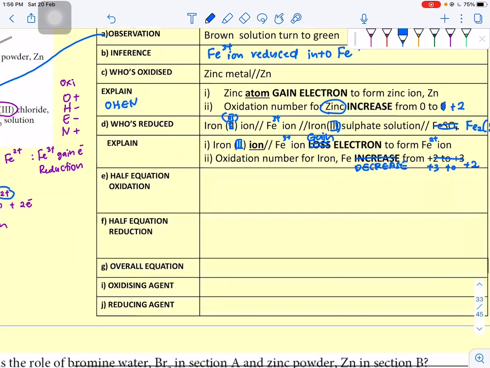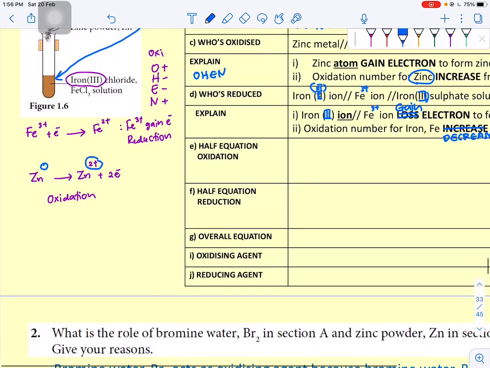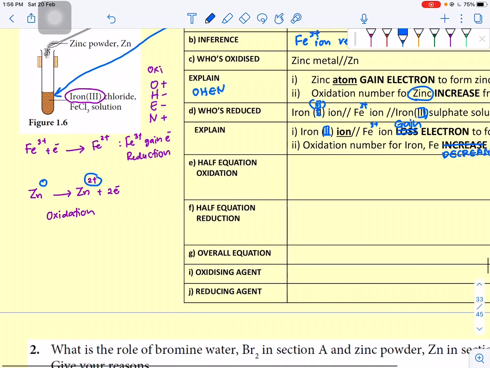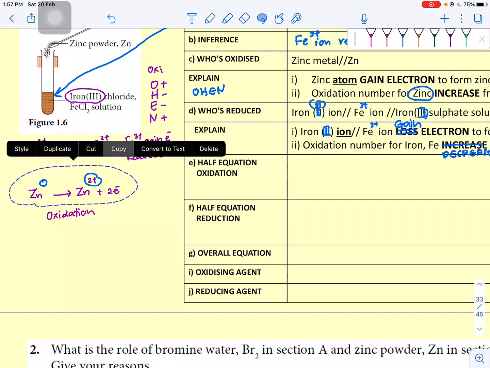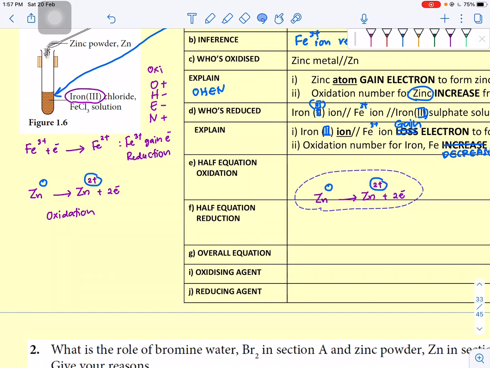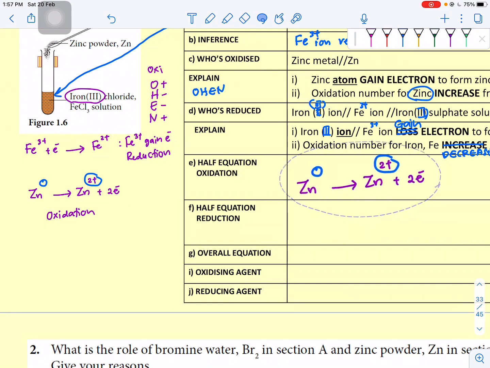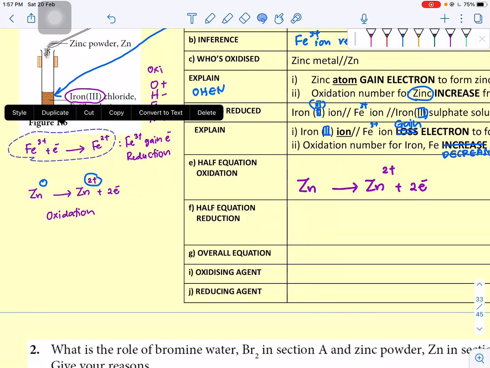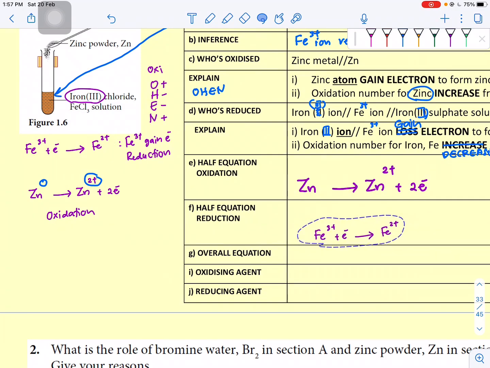Okay. Half equation oxidation. Half equation oxidation is happen at zinc. Okay, zinc undergo oxidation. And half equation reduction, kita dah jumpa tadi, dia berlaku kepada iron 3.